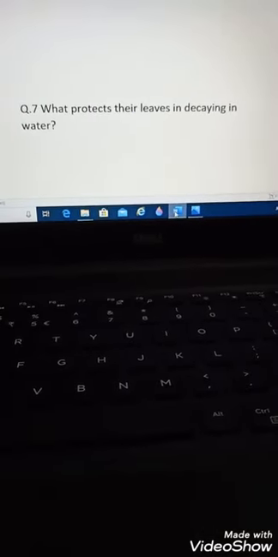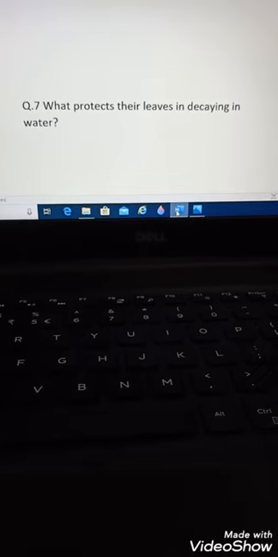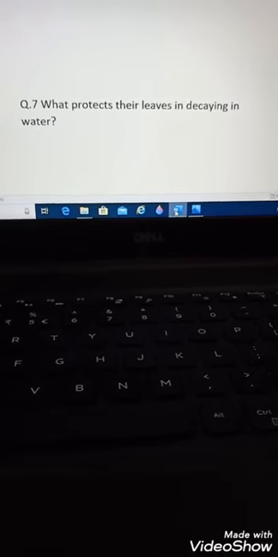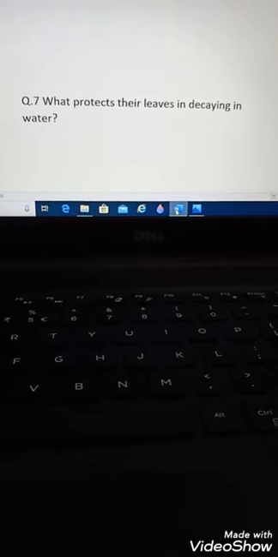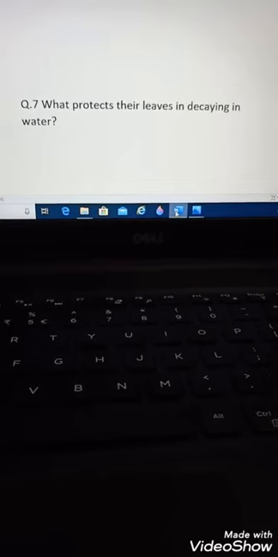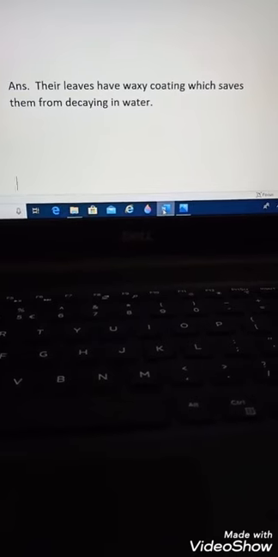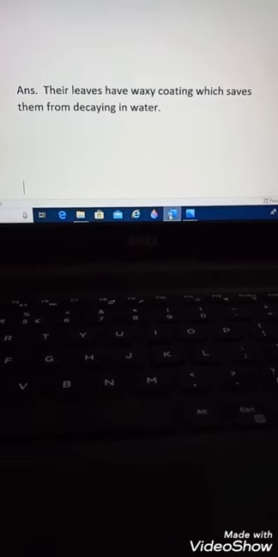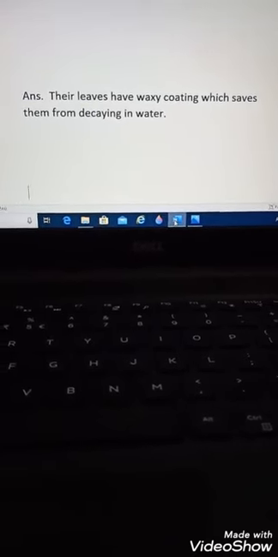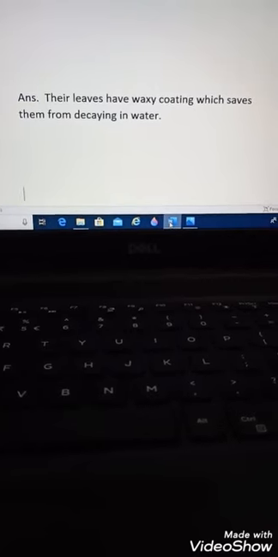The next question is, what protects their leaves from decaying in water? Decaying means rotting. What saves their leaves from rotting? Their leaves have a waxy coating which saves them from decaying in water.